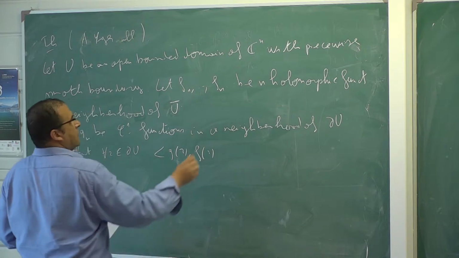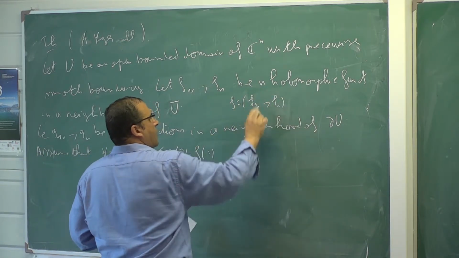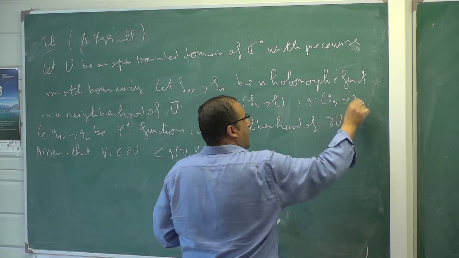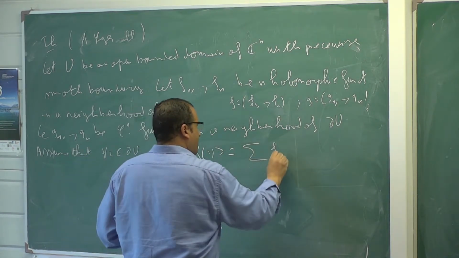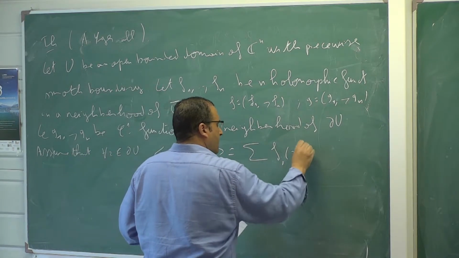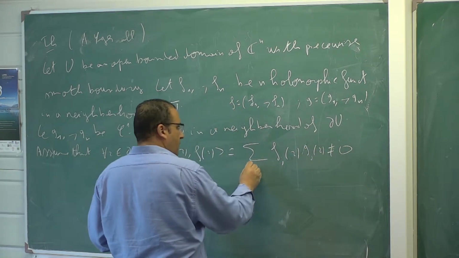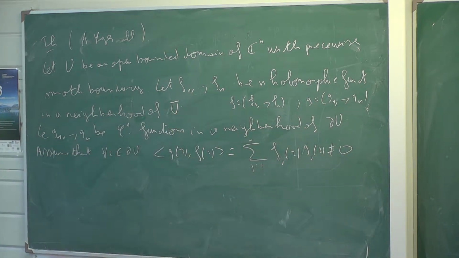We denote by F the function (F1, ..., Fn), and by G the function (G1, ..., Gn), and we assume that this sum is non-vanishing at boundary points.